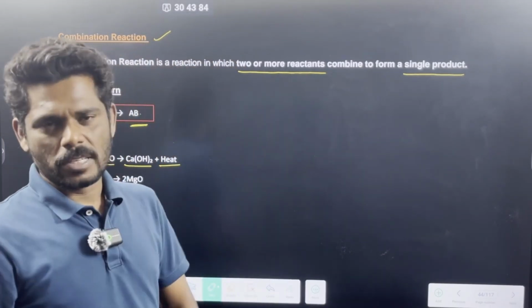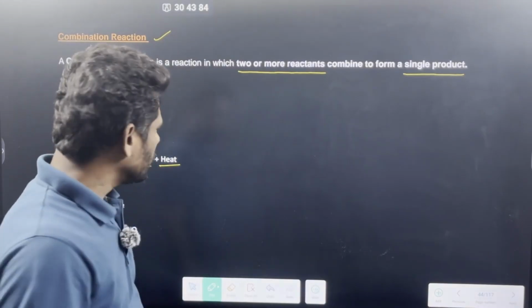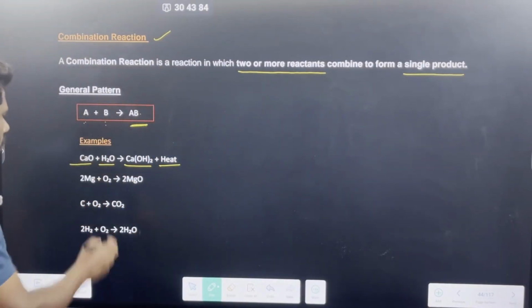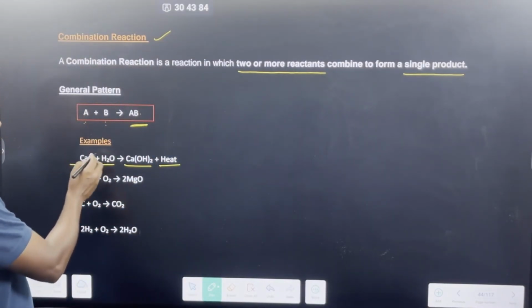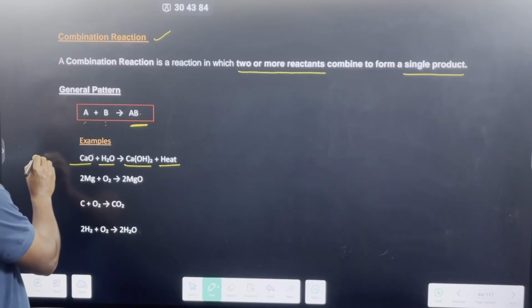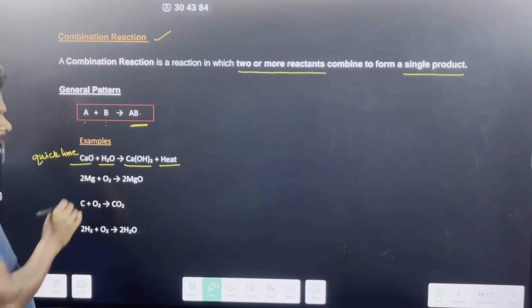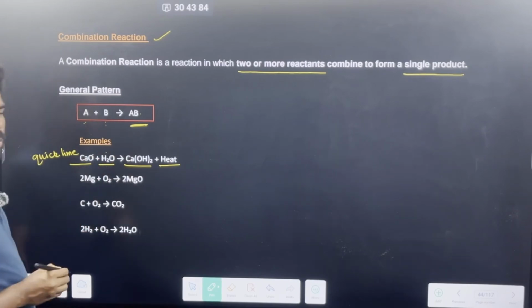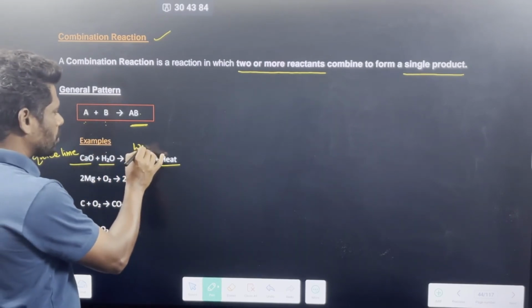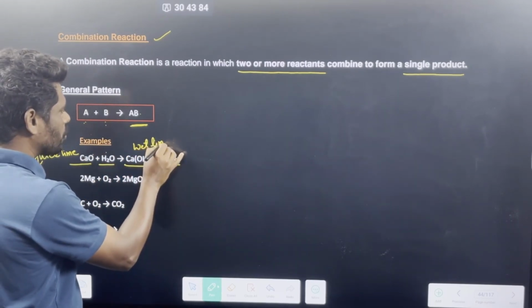Why is the heat produced? As per the equation, what is the white powder? Of course, it is the calcium oxide or quick lime, added to water, and it forms slaked lime, that is calcium hydroxide.